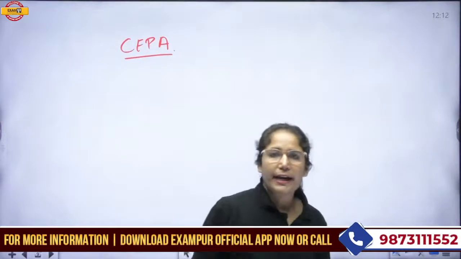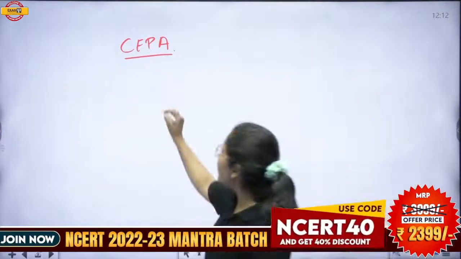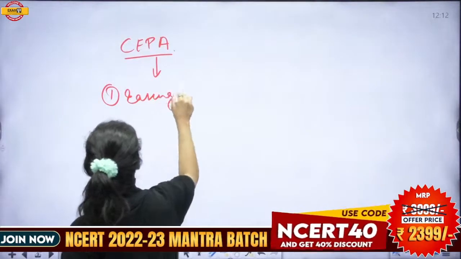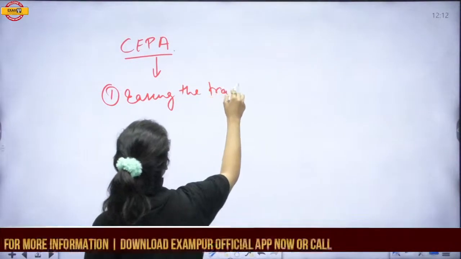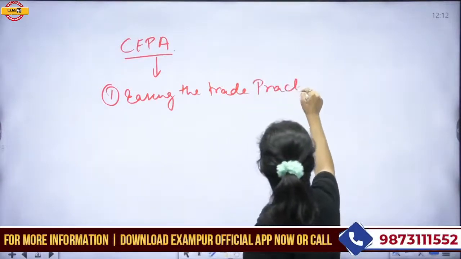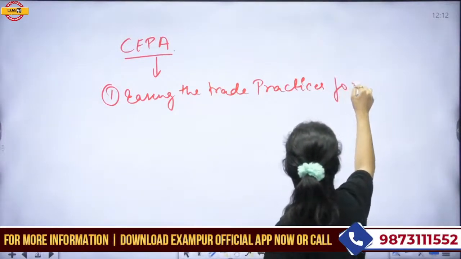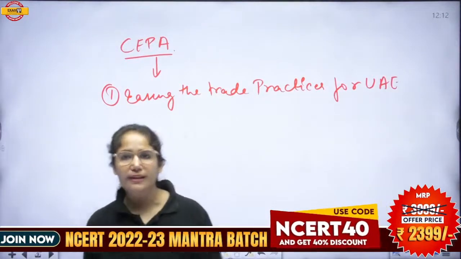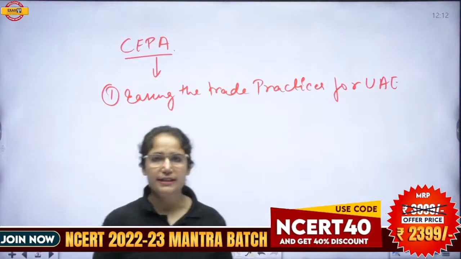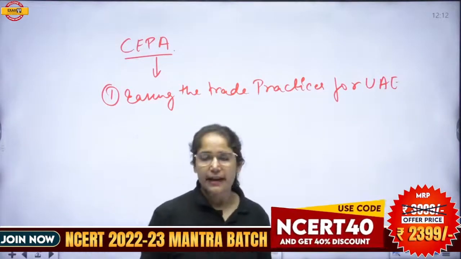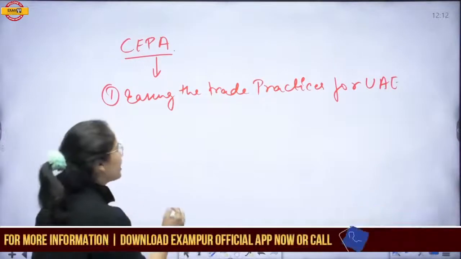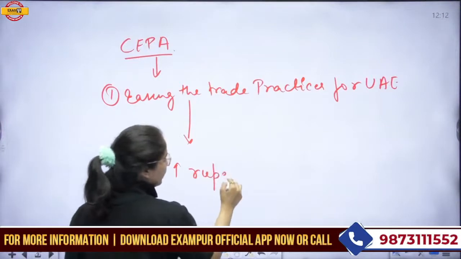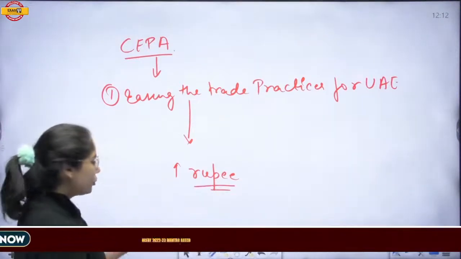What I want to convey here is how CEPA could help us. If we are easing trade practices for the UAE, they will invest in our country. Either they will invest in our country or they will demand our goods and services. In either case, it is making an upgradation in rupee value. Due to what reason?